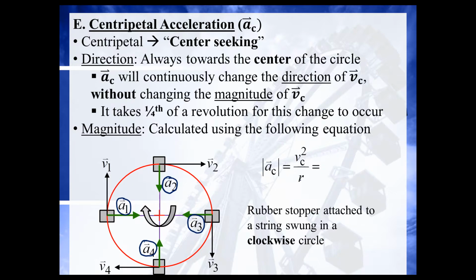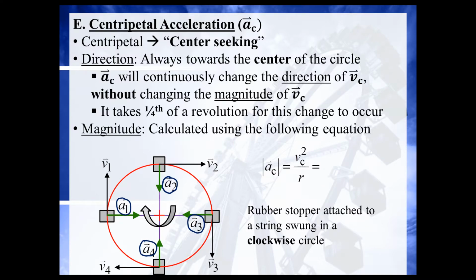Because the radius of the circle is a constant and in uniform circular motion your speed is a constant, the magnitude of the centripetal acceleration is also going to be a constant. The direction keeps changing, which means the acceleration itself is constantly changing, but its magnitude is a constant.